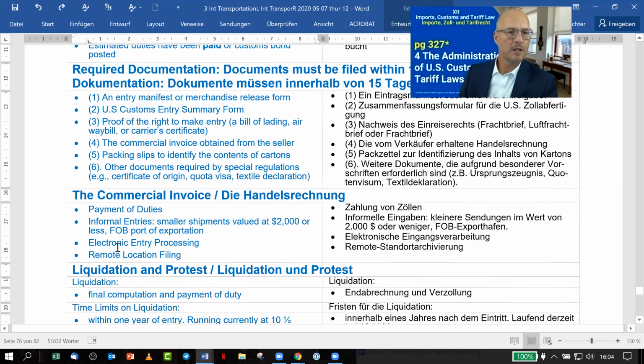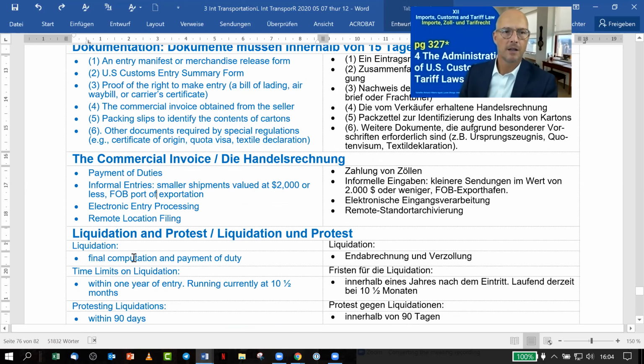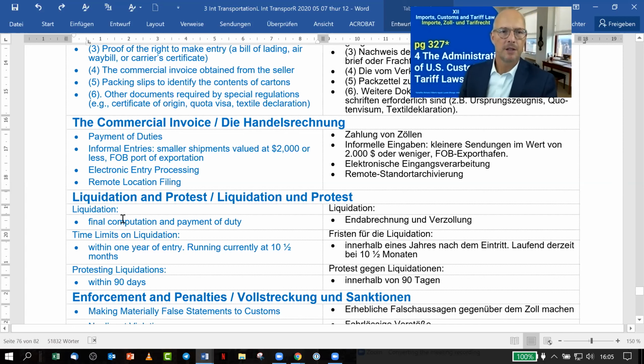Of course, today we have a lot of electronic entry processing, and you can also find out where everything comes from due to this remote location filing. So if the goods have now come into the country, to the United States, for example, then we have a liquidation. This is the final computation, and then you have to pay all the duties.